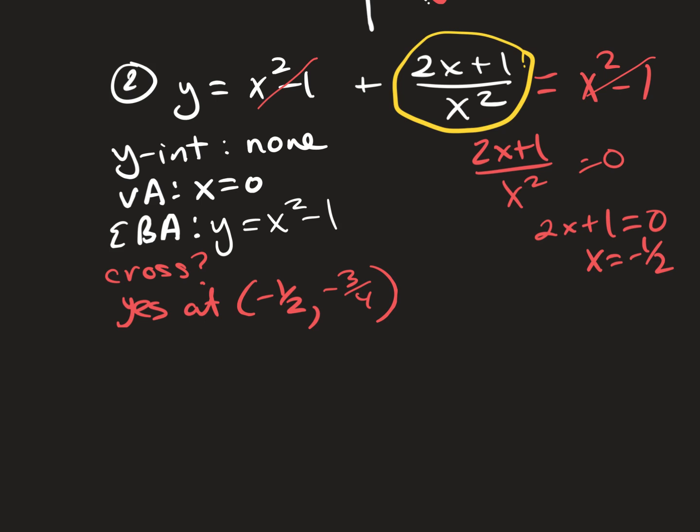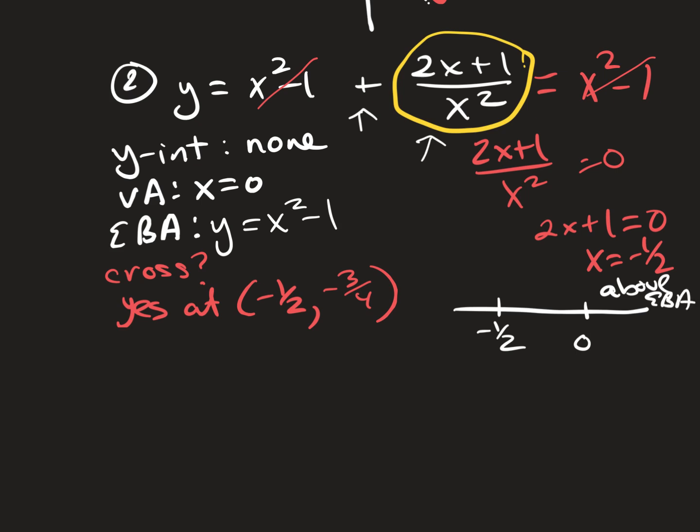Again, we can't do sign analysis as we know it because we don't know the x-intercepts, but I can do a bit of sign analysis with this piece. So the numerator is 0 at -1/2, the denominator is 0 at 0. So this piece, if I plug in greater than 0, we're going to be positive. So I'm going to be adding to the EBA, so I should be above the EBA.